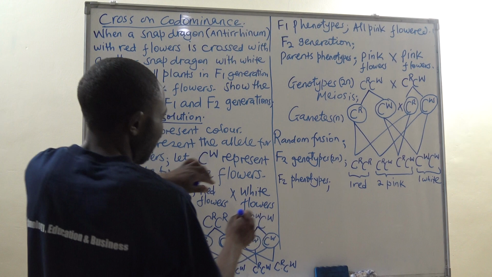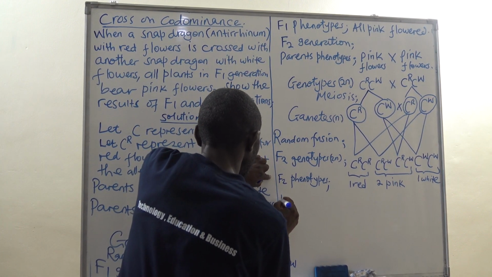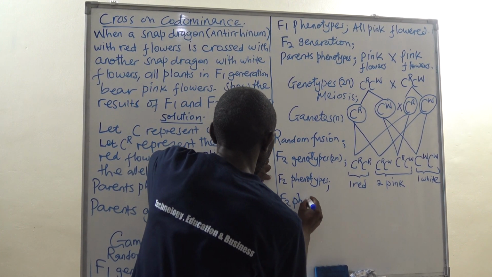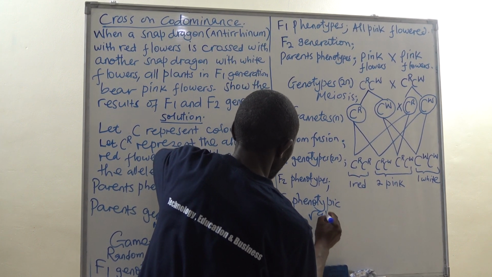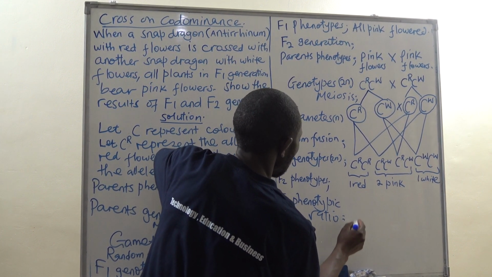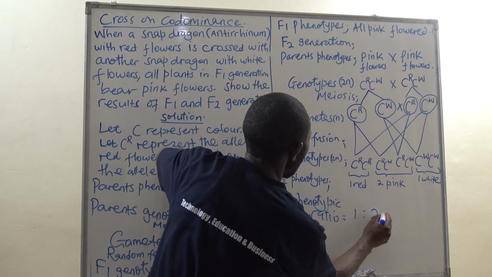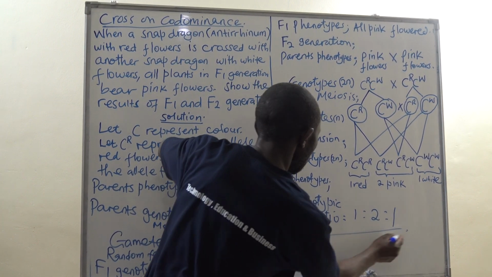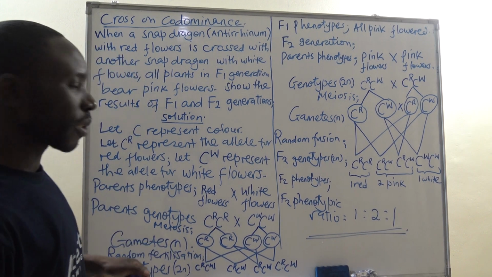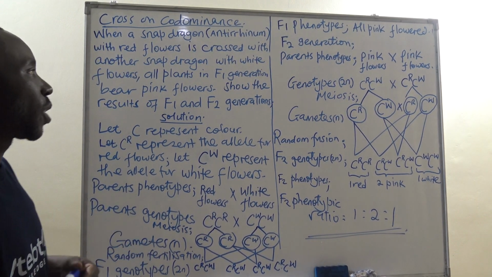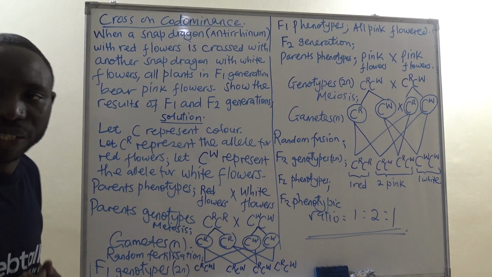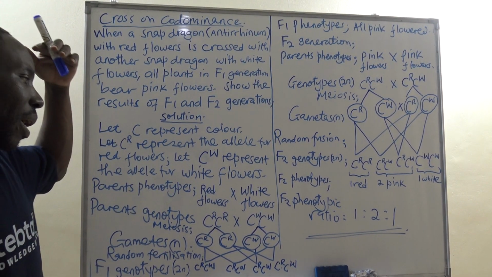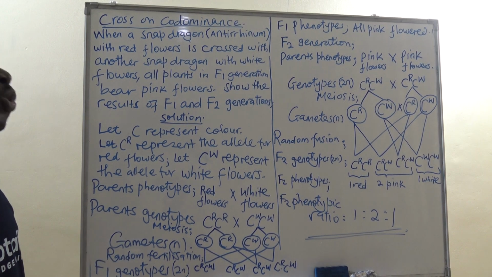Thus the F2 phenotypic ratio is 1 to 2 to 1. So, dear scholars, that is the F2 generation. We said that there is always a modification of 3 to 1 to 1 to 2 to 1.